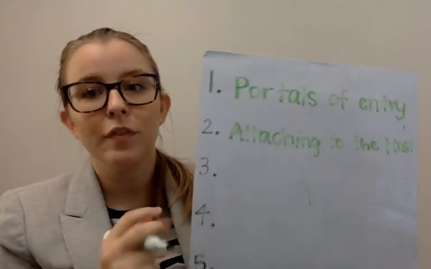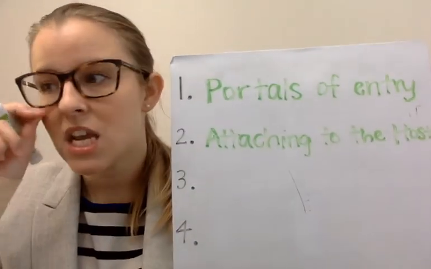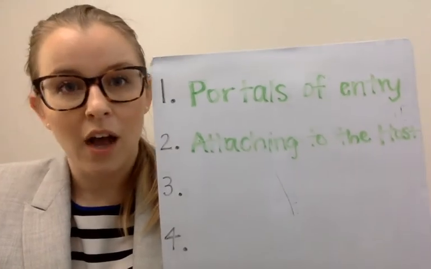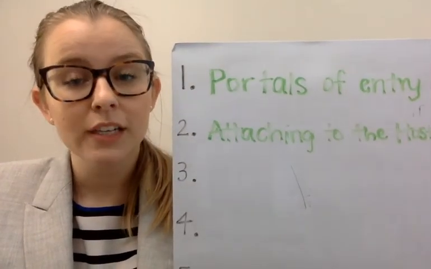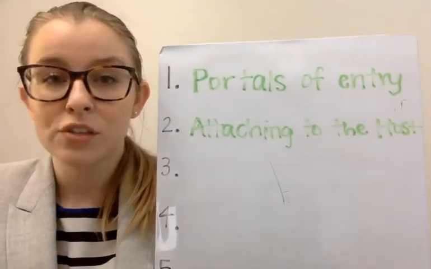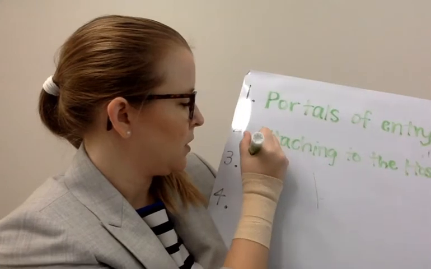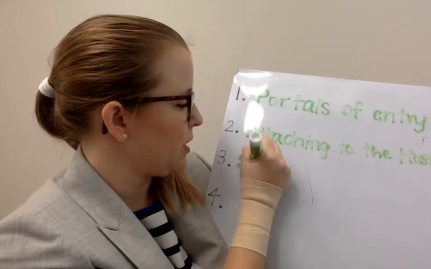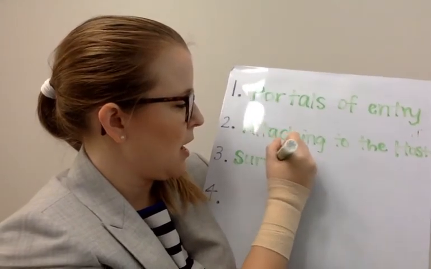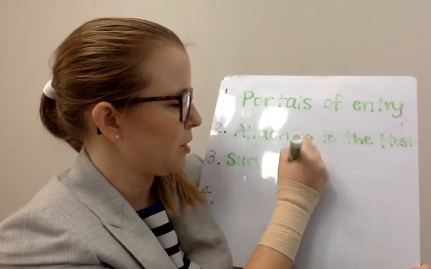So you can think about fimbriae or capsules can help be sticky. So there's different aspects of your microorganisms that are going to be helpful in attaching to the host. Step 3 will be surviving host defenses. So we went over the different host defenses in the last unit, but now we're going to talk about how the microbes survive them.